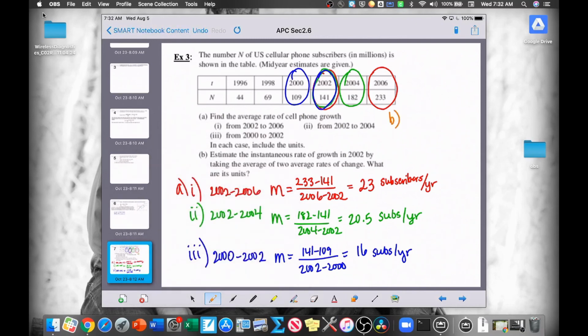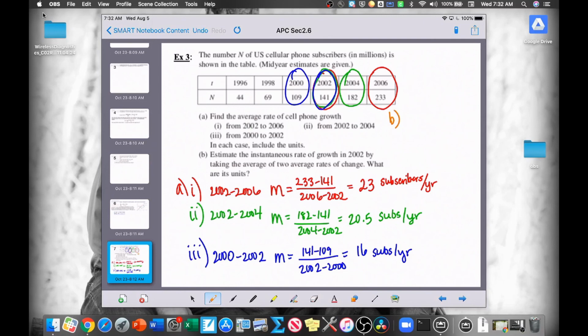Letter B says estimate the instantaneous rate of growth in 2002 by taking the average of 2 average rates of change. What are its units? Okay, so in calculus terms, in part A, we were finding the slopes of the secant lines. If we had graphed all of these points in our table, we found the slope between the points where x was 2002 and 2006, that's a secant line.